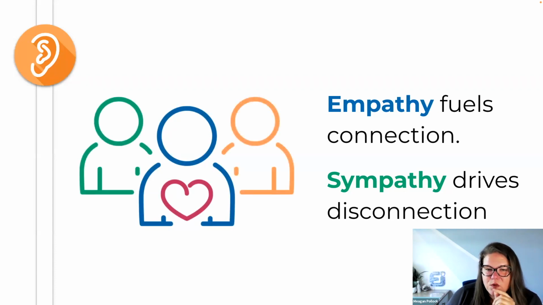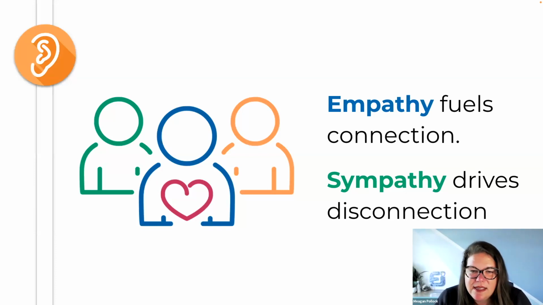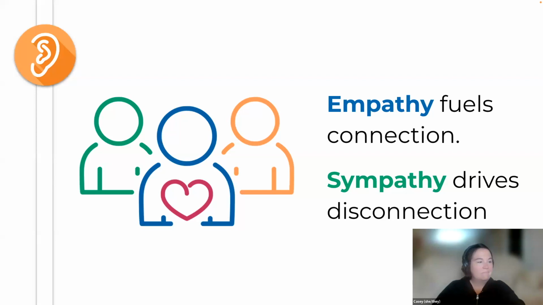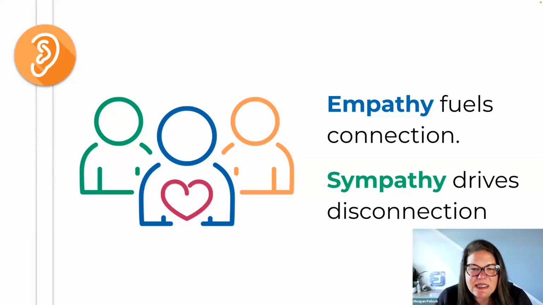So empathy fuels connection, whereas sympathy drives disconnection. She says in the video, empathy is a skill that can bring people together and make people feel included, while sympathy creates an uneven power dynamic and can lead to more isolation and disconnection.